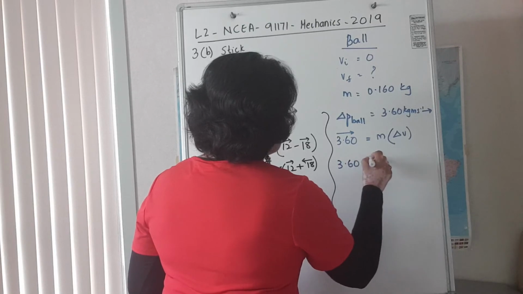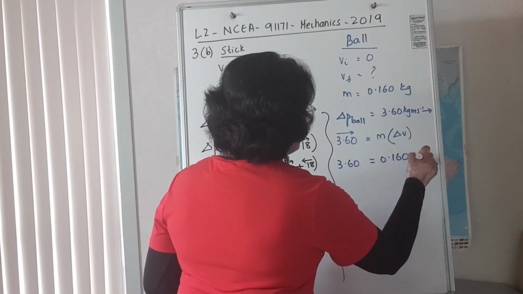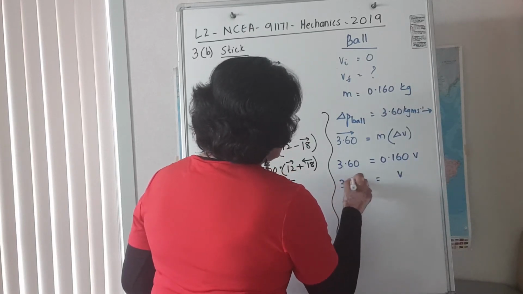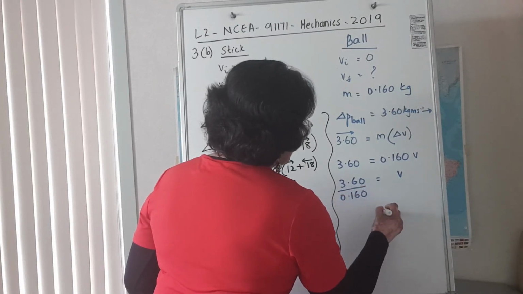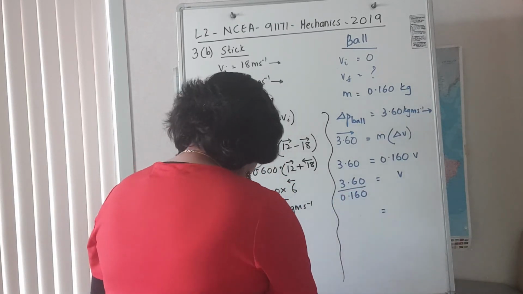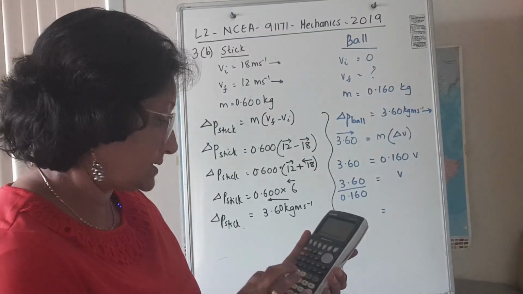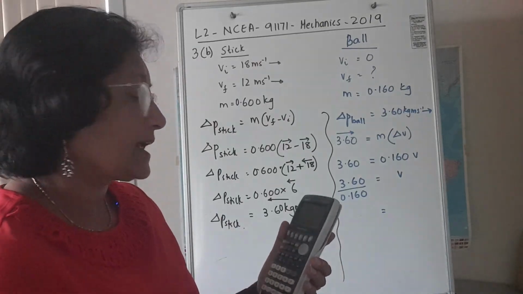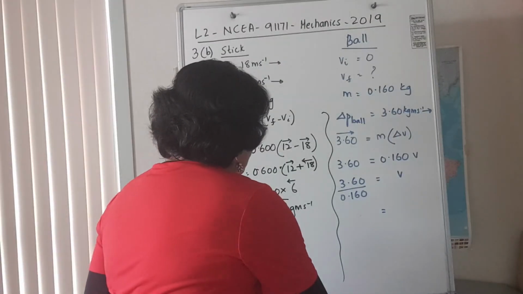So 3.60 equals the mass of the ball, 0.160, times v, the velocity of the ball, or v is 3.60 divided by 0.160. On my calculator, I go 3.60 divided by 0.160 and I get 22.5.